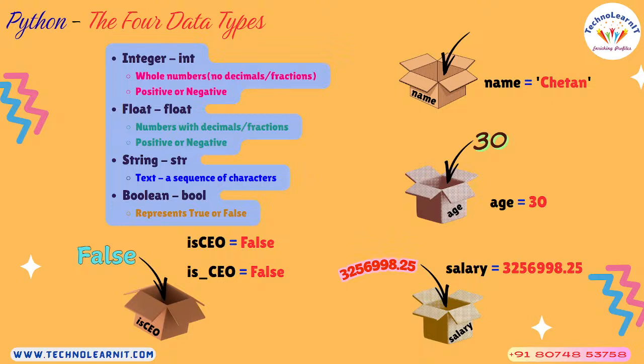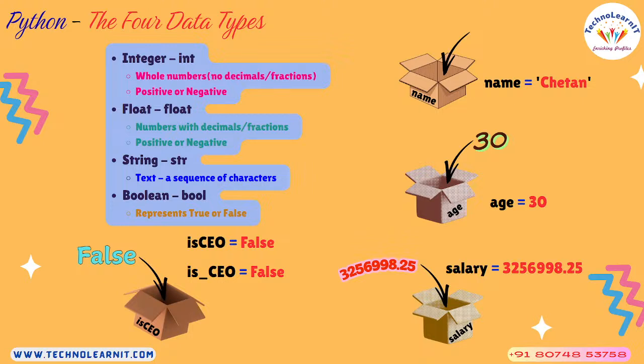Or for example, the temperature can go negative, right? If I treat temperature as only the whole part, 23 degrees or whatever, then it can go negative. So -10 is also a valid temperature value. So the characteristics of the integer type: it should be a whole number, no decimal values, no fractions. It can be both positive or negative.